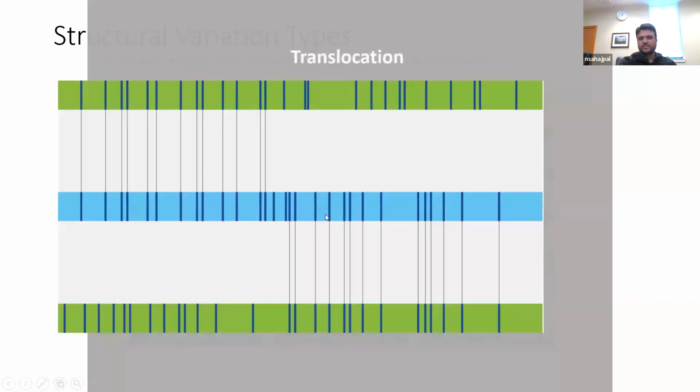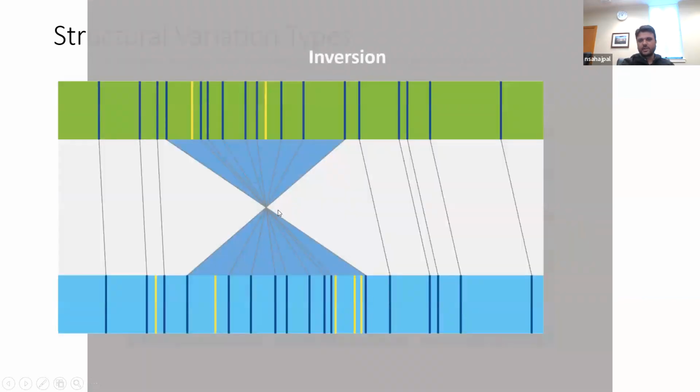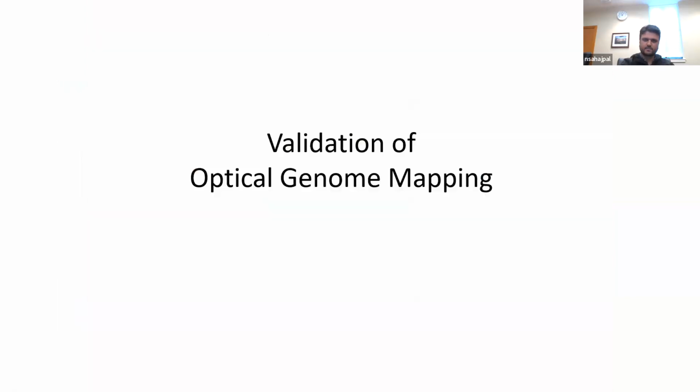In instances, for example here, where the labels in part align to one chromosome and the other part aligns to another chromosome, it is called out as a translocation. And if the labels simply flip themselves, it is called out as an inversion. So it's a play of how the labels orient to call out different structural variation classes.